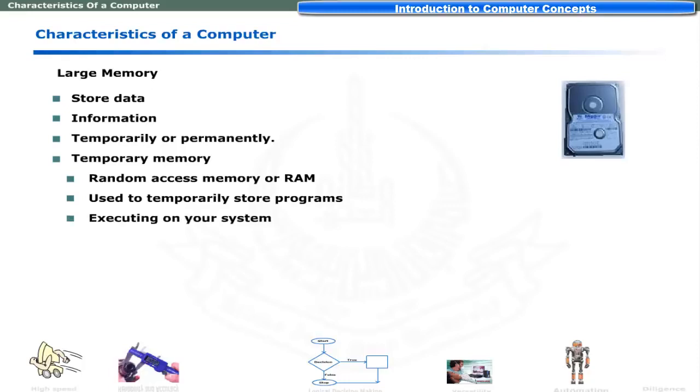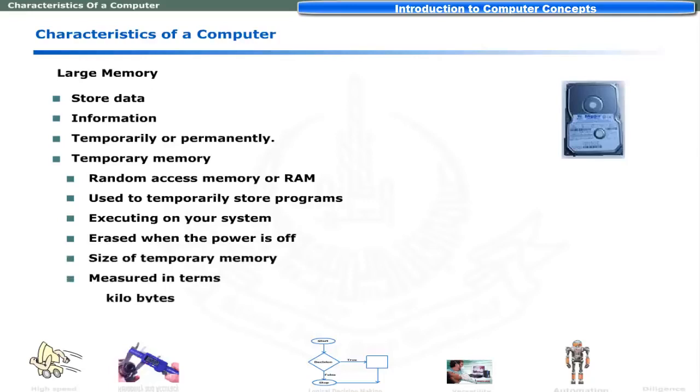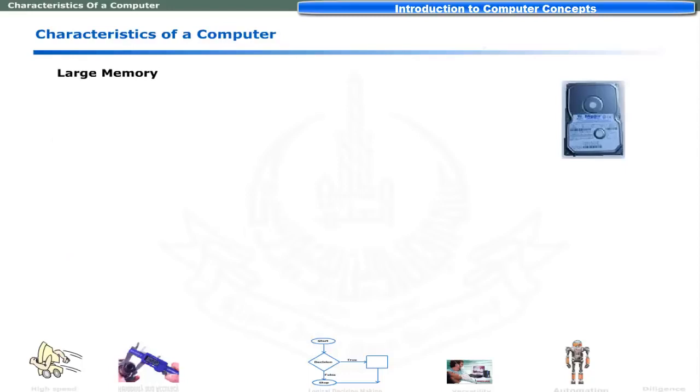The contents of RAM are erased when the power is off. Normally, the size of temporary memory is measured in terms of kilobytes and megabytes. Most modern computers and special graphics computers have large memories in multiples of gigabytes.